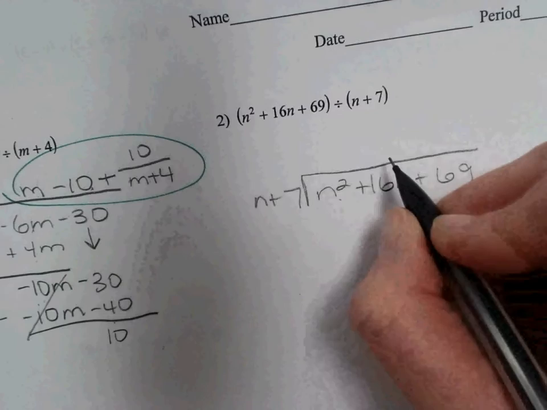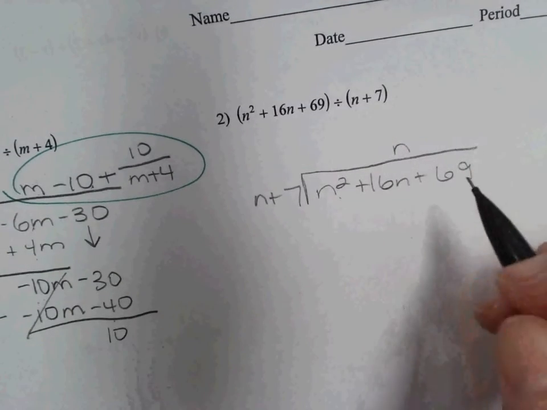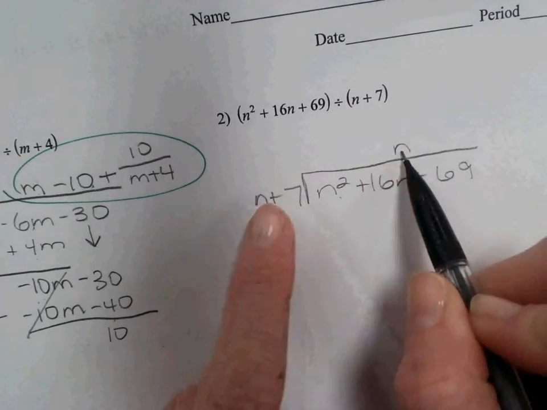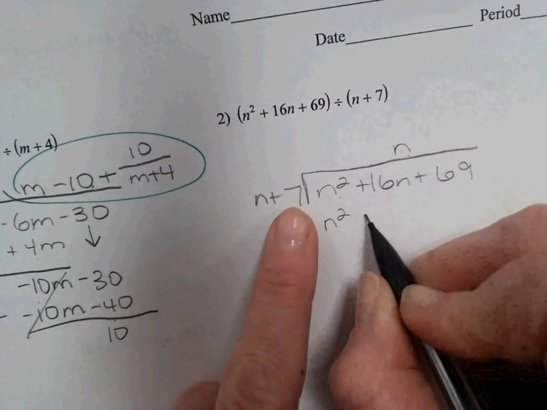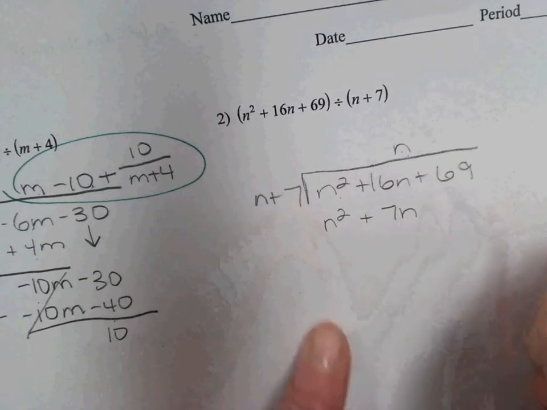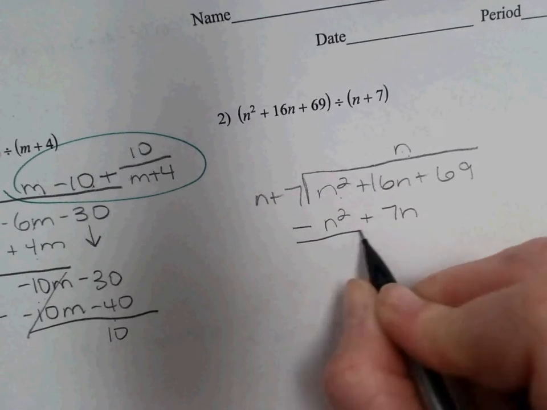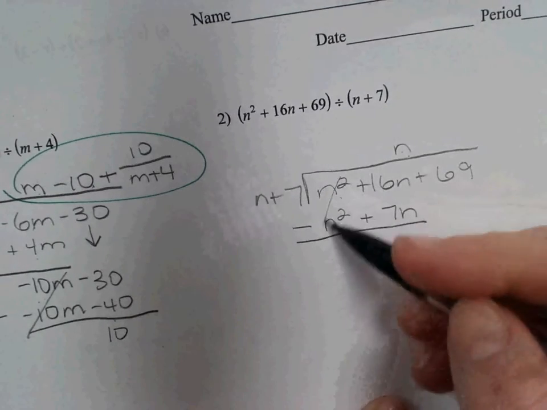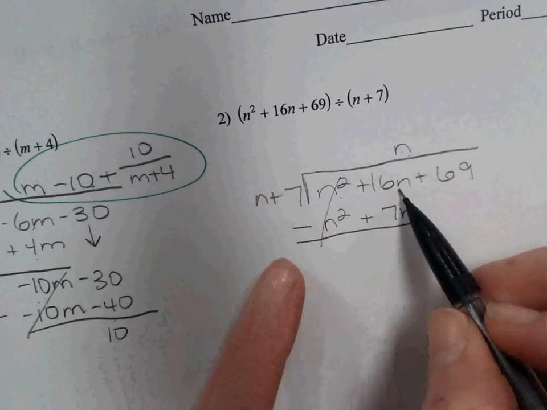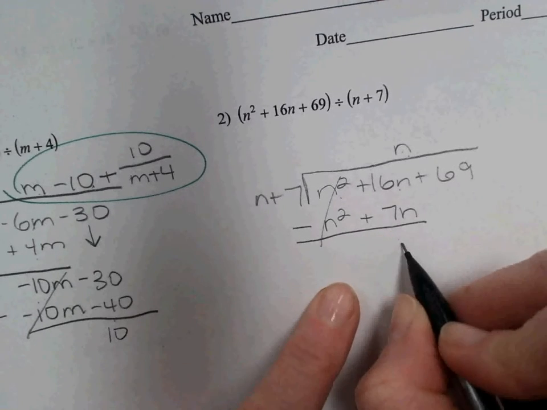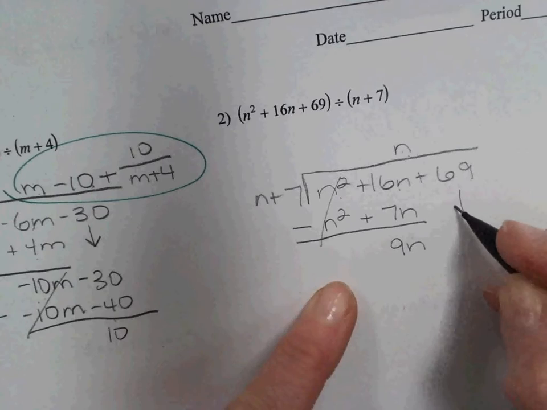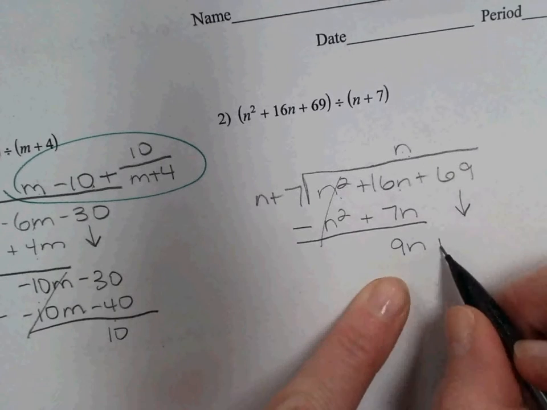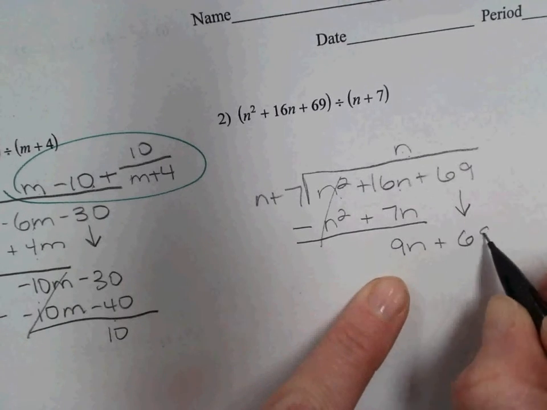And then we multiply: n times n is n squared, 7 times n is 7n. And we're subtracting. These go away. 16n minus 7n is going to be 9n. Plus, bring down the 69.